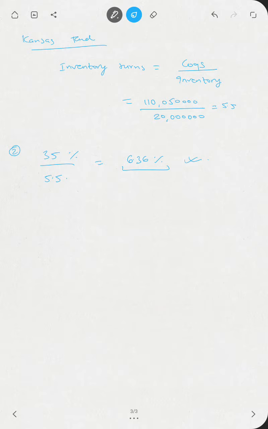As we know, in all inventory turns calculations we only use COGS. So obviously we know that this is the 6.36 of the COGS of the radio. But now the question is, what is the COGS of the radio? We know we sell the radio for 50 bucks.